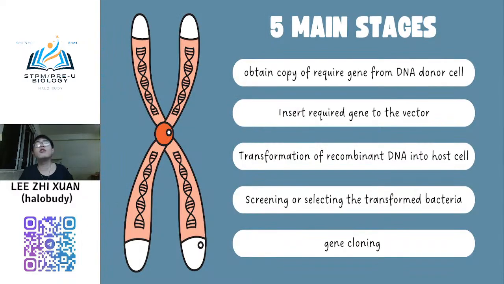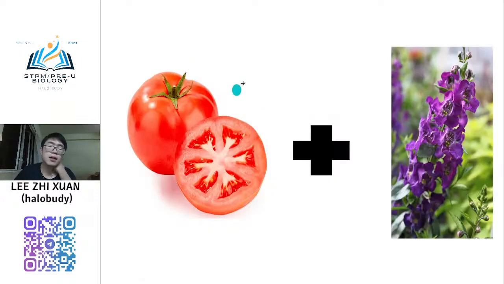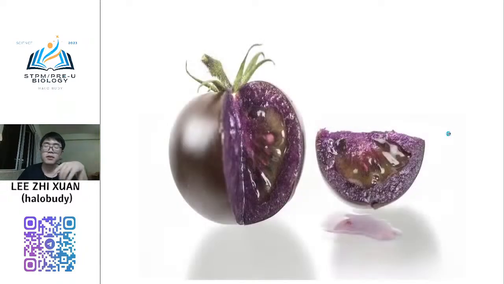So now we go to the main point, that is the main stage in genetic engineering. So what are the genetic engineering techniques? Macam mana kami nak buat macam ni? Macam mana kami nak using tomato dan juga ni campur jadi tomato purple ni? Macam mana?